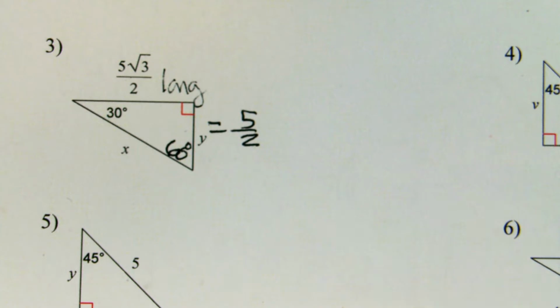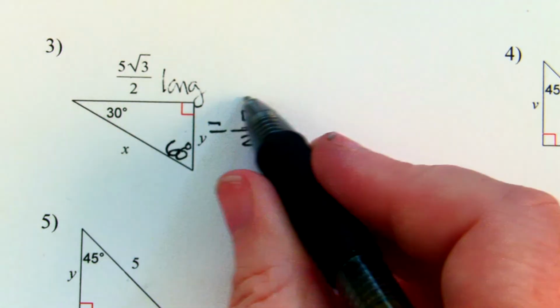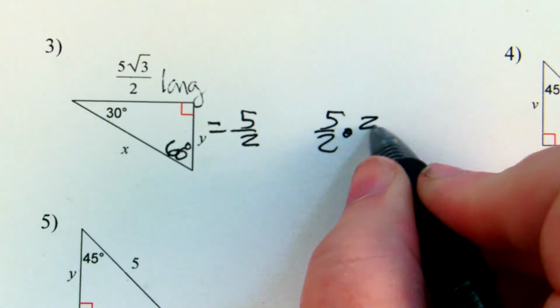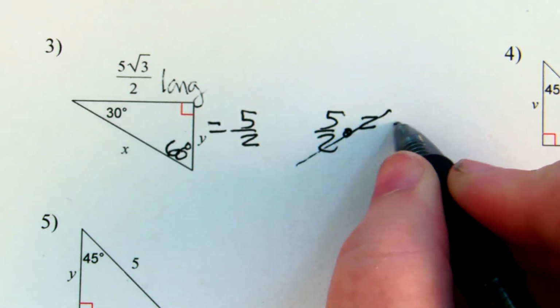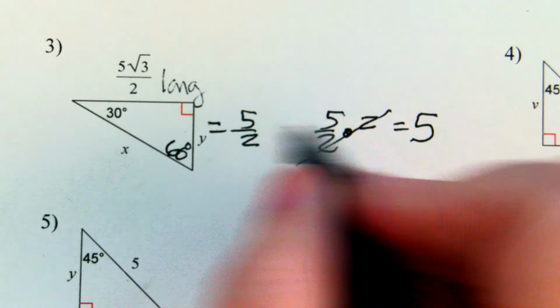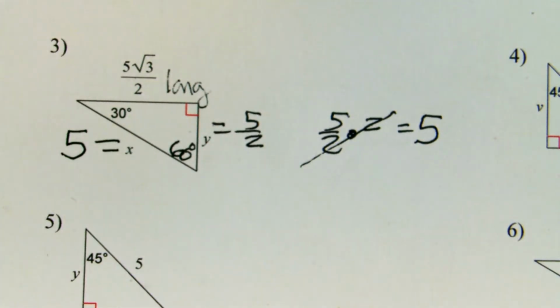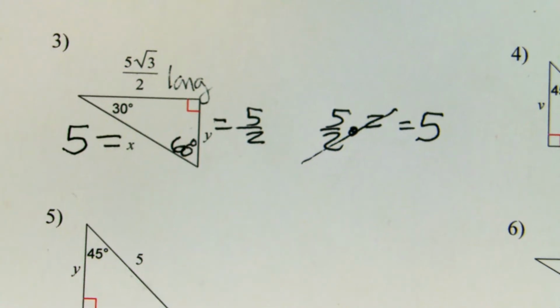And then this is 2x, so we double this. So what's 5 halves times 2? You just get 5. The hypotenuse is 2x. So 2 times 5 halves is 10 halves, which is 5.